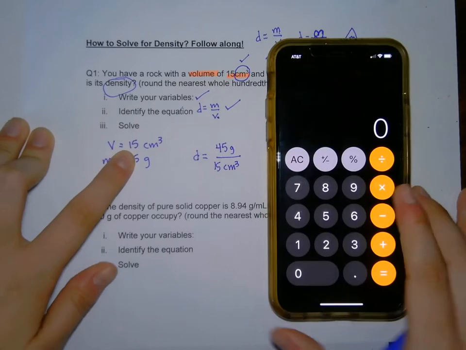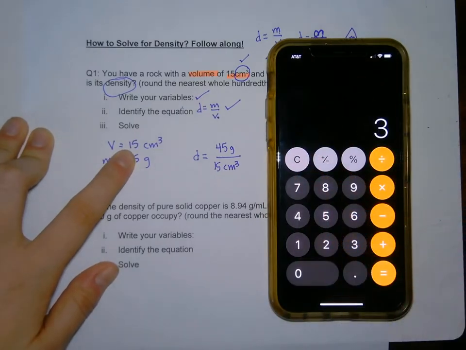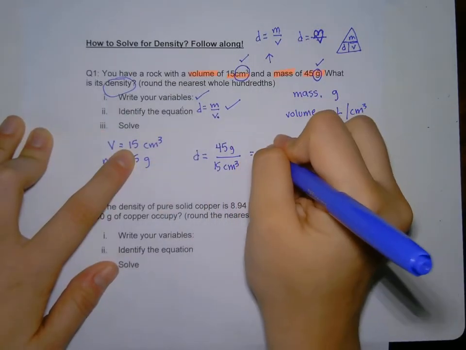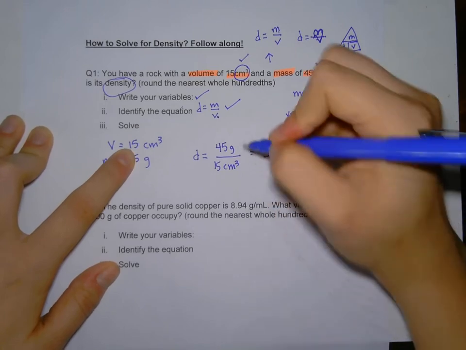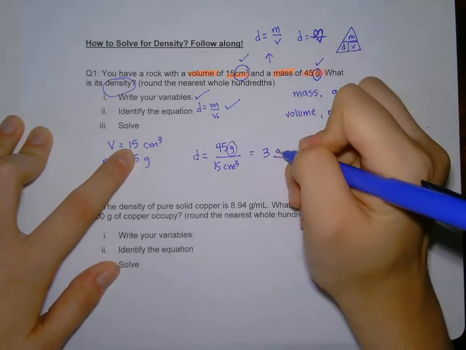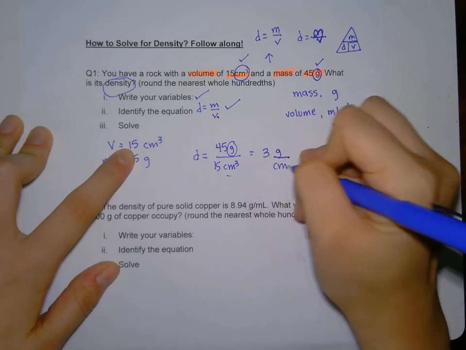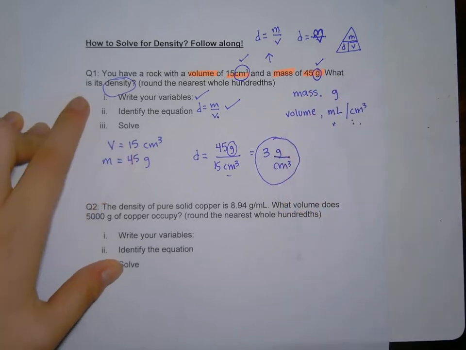If you don't, that's okay. 45 divided by 15 is 3. So this is equal to 3, and you're not done yet. Remember, you have to put the units. So what are the units? Grams divided by centimeter cubed. And that is your density for question 1.